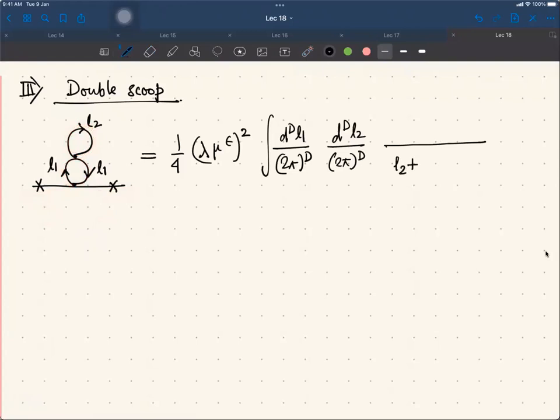So L2 square plus m square times L1 square plus m square whole square.